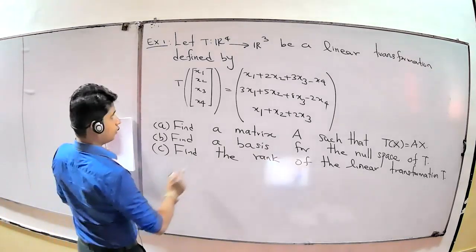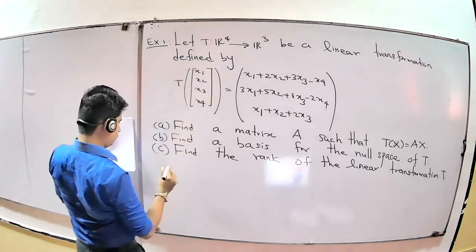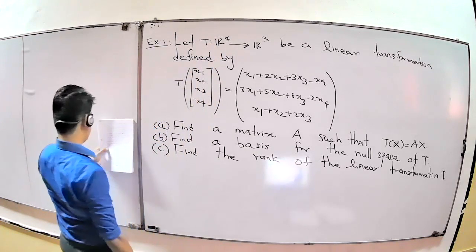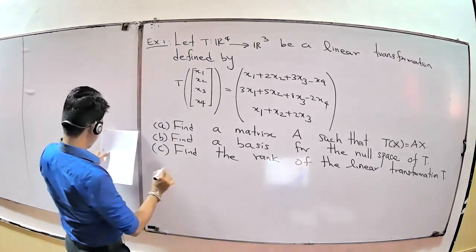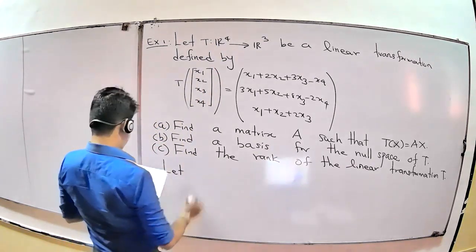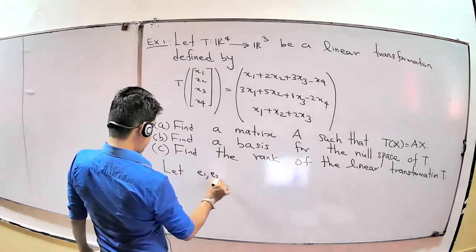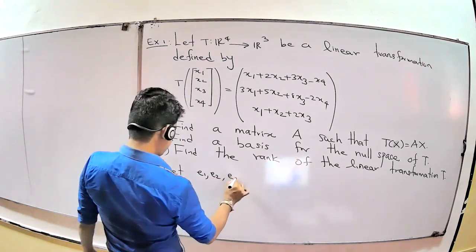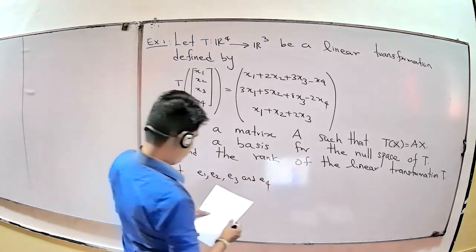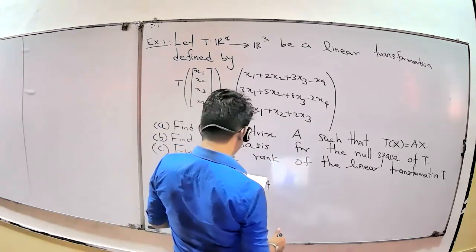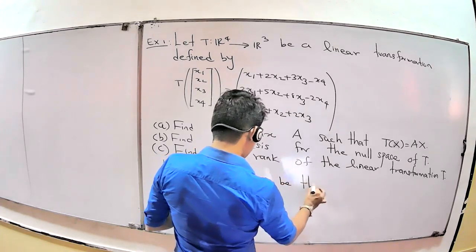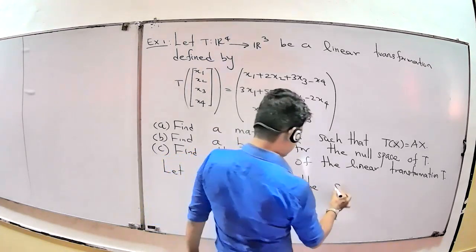Now you can use, for R power 4, the standard ordered basis. Let E1, E2, E3 and E4 be the standard 4-dimensional unit basis vectors for R4.